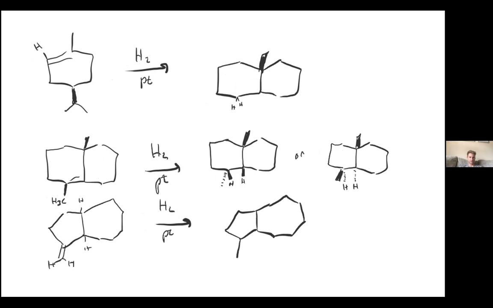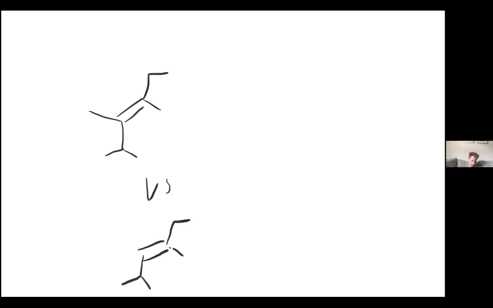Why are we able to have it for the second one and not the first one? Ashley, is that what you're asking? Yeah, that's what I was curious about. In order to have chirality, both ends of the double bond need to be tertiary. So like this example here versus this.